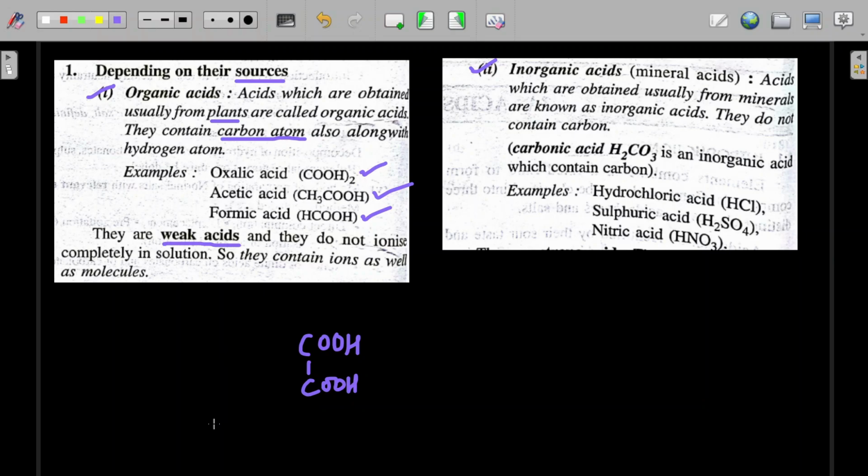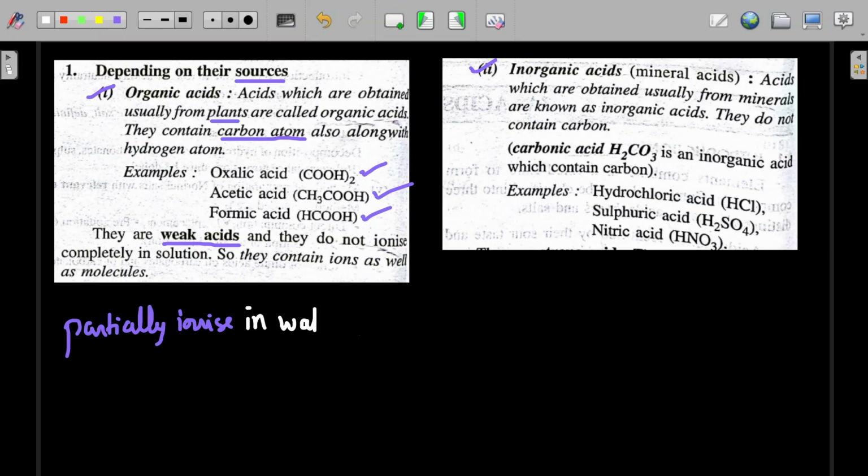Weak acids are the ones which partially ionize. The key word for weak is partially ionize, or you can call it partially dissociate, but in ionic substances. Partially ionize in water. For example, take CH3COOH. Imagine there are 100 molecules of CH3COOH. You dissolve it in water.